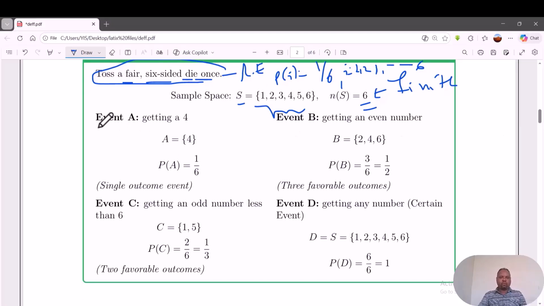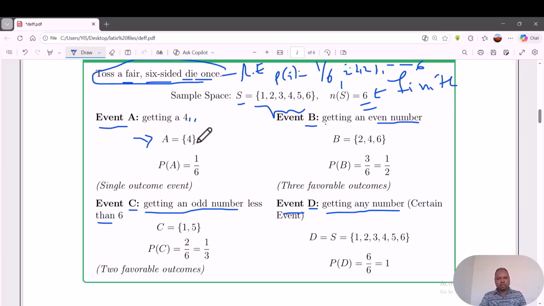Now let us define events A, B, C, and D. For example, event A is about getting a number 4. Event B, an even number. Event D is about getting any number, whereas event C is getting an odd number less than 6. This definition of events is based on statements and words, but this way of expressing can be reduced into set notation.